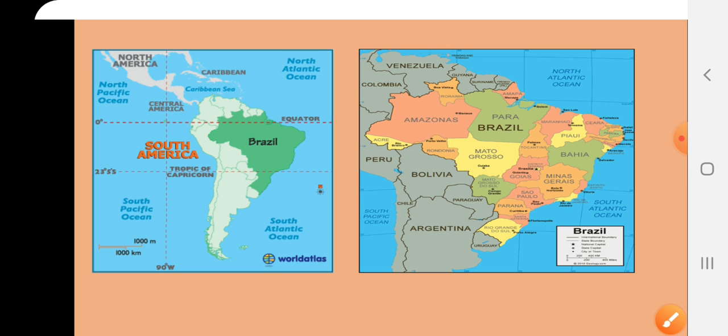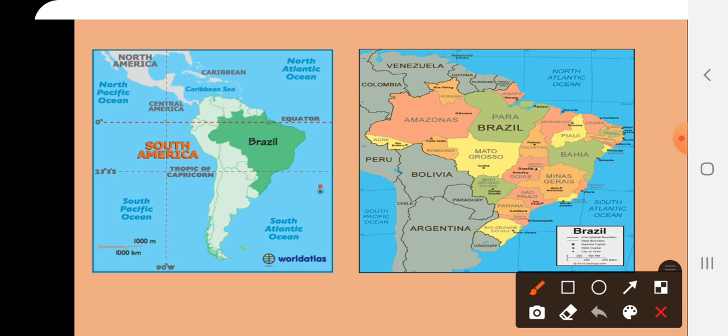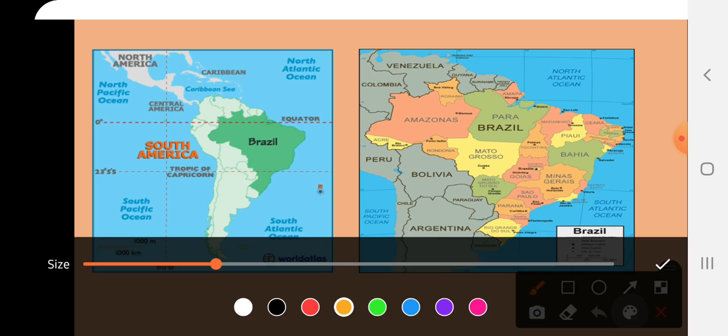And now I will show you some more very important things about Brazil, which you are going to learn in the next chapters also. Towards the east, this whole part, Brazil has the Atlantic Ocean. The upper one is called North Atlantic and the lower one is called South Atlantic.